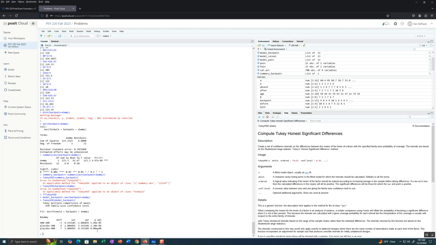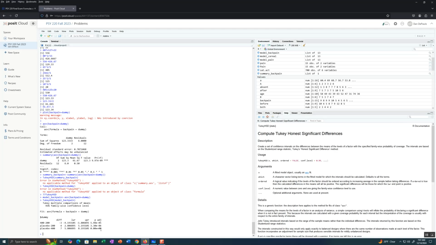And then the p-values are all tiny. This is E means times 10, so this is 5.98 times 10 to the negative fifth. 3.30 times 10 to the negative sixth. And the placebo to 400 one is so small, it's not even registering. That's how different it is. So they're all different from each other, right?